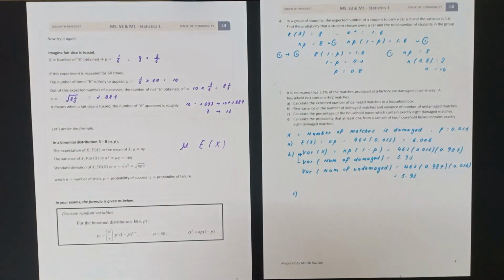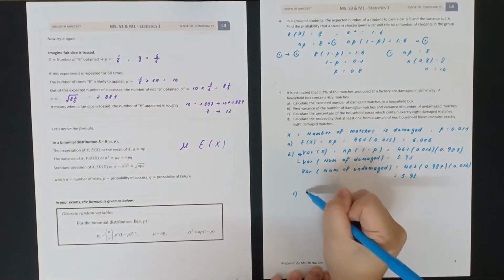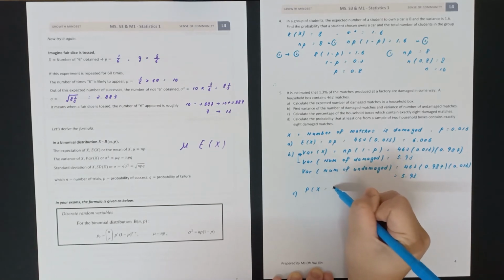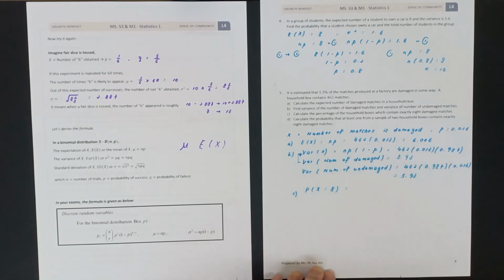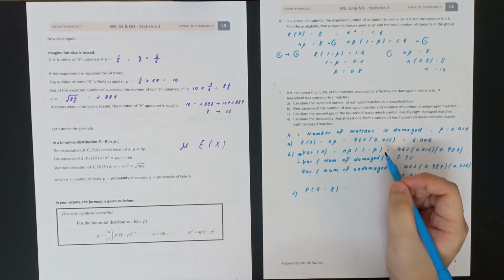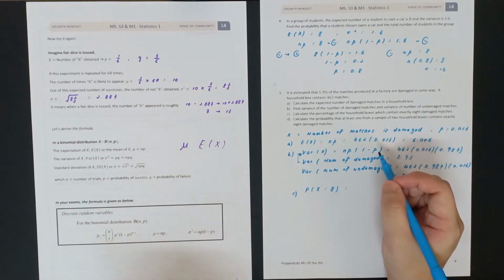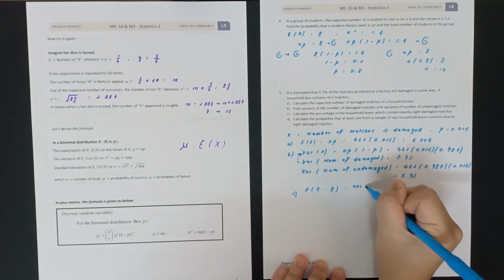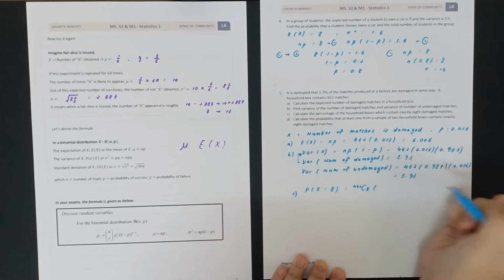Okay, alright, C. Calculate the percentage of the household boxes which contain exactly 8 damaged matches. So this is back to the previous lesson that we have. You want to find out the probability for the number of matches being exactly 8. You want to find out the percentage, so you remember, after you find out the probability, you need to find the percentage. So you have a total of 462 C 8 for damaged.